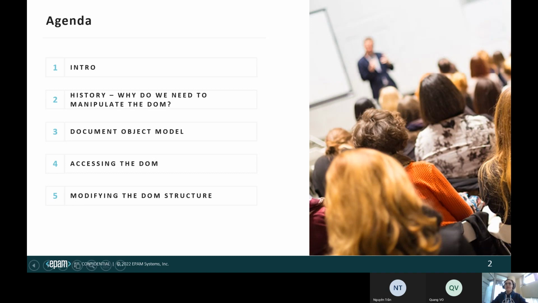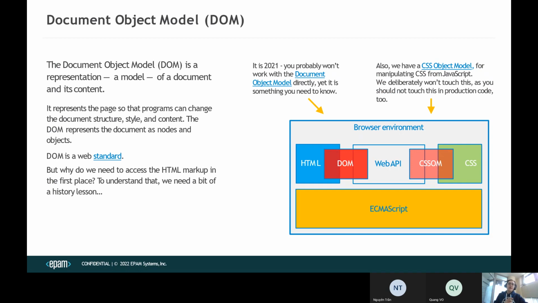So let us begin. The first thing I would like to talk about is the document object model itself. Previously in this course, you have studied HTML and JavaScript, but as far as I remember, you have studied them a bit separately.